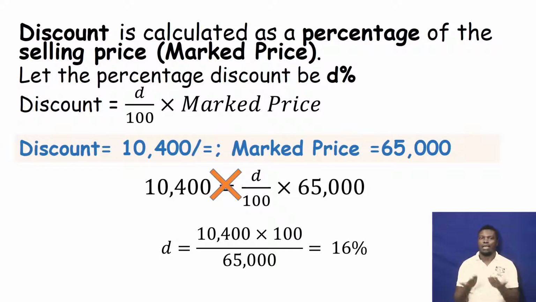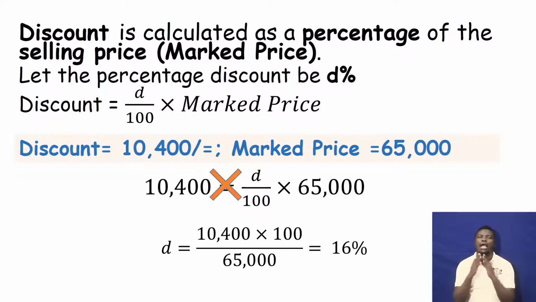So we are going to have 10,400 multiplied by 100 divided by 65,000 multiplied by 1. But since any number multiplied by 1 remains that number, we don't have to write it.